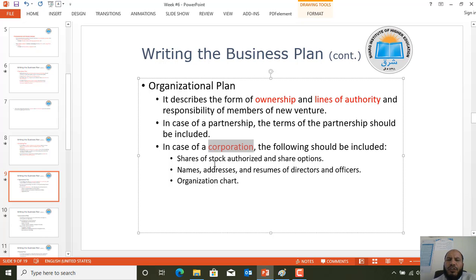Here we will put the number of shares which are authorized, and also the share options. We will explain about it. We will write down the name, address and resume of the directors, the board of directors and the other officers who are responsible for running the business, and we will develop the organizational chart.